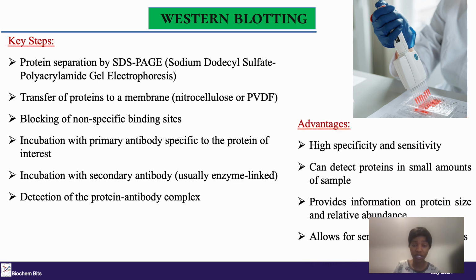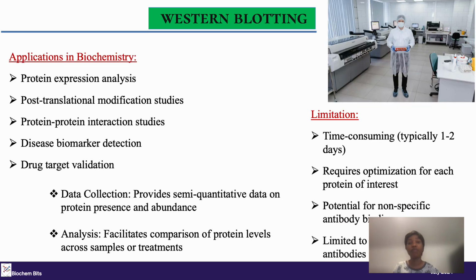It's also very, very sensitive, and it can detect very small quantities of protein. As I mentioned, one very important thing we use Western blotting for is post-translational modification study and protein-protein interaction. Data that is collected from Western blotting is used to provide semi-quantitative data on protein presence and protein abundance.